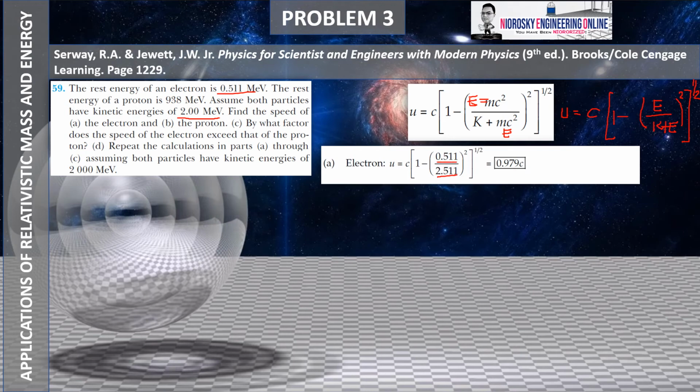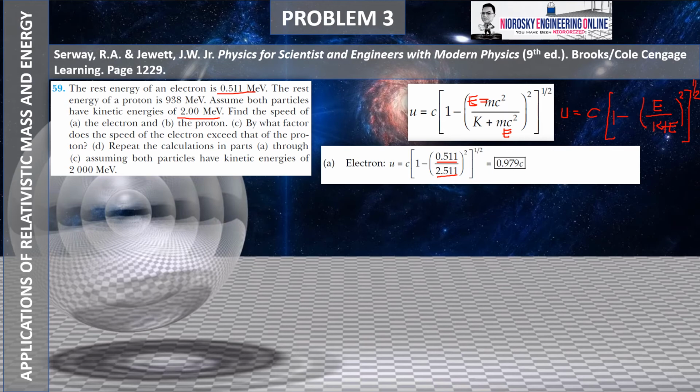Applying this as a function of the speed of light, we get that the electron has a speed of 0.979 c, meaning 97.9% of the speed of light is the actual velocity from the rest condition to produce that kinetic energy of 2 mega electron volt.